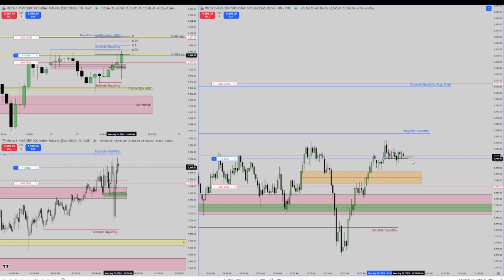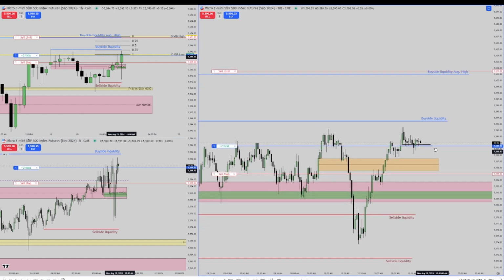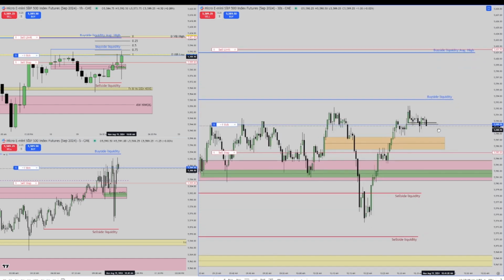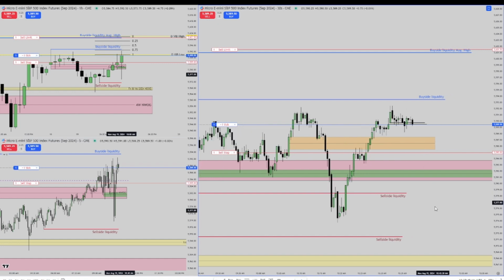Still managing my trade as I'm watching this. See how price is playing with this area right here? I anticipate it to, after this candle forms, really start making its way towards this buy-side liquidity.